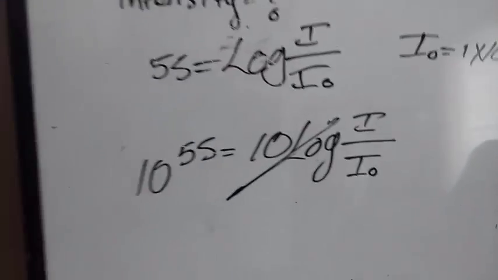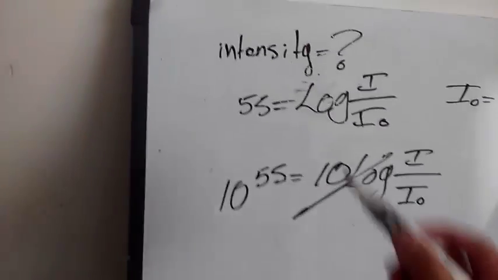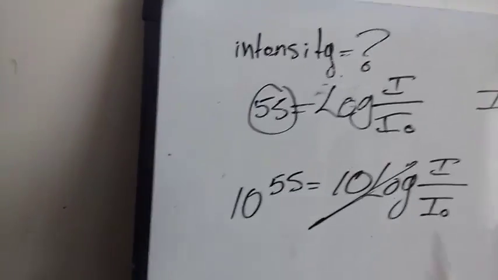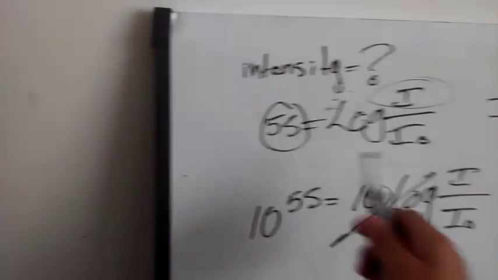Next problem. They ask us for the intensity, because they give us a measure in decibels of a sound. So from that we have to get the intensity. We have this formula.